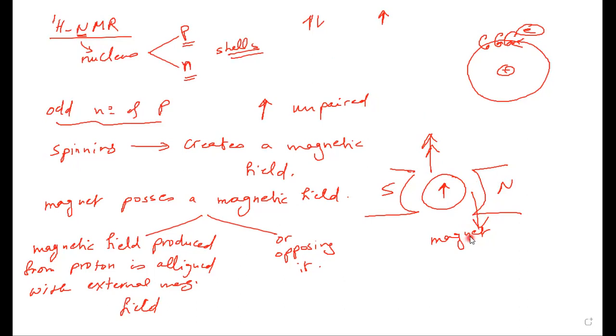Oh, okay. Now, inside the molecule, we have many protons, not only one. And so we have a number of protons that will create a magnetic field that is aligned with the external magnetic field, and we have other protons that would create a magnetic field that is opposing the external magnetic field.